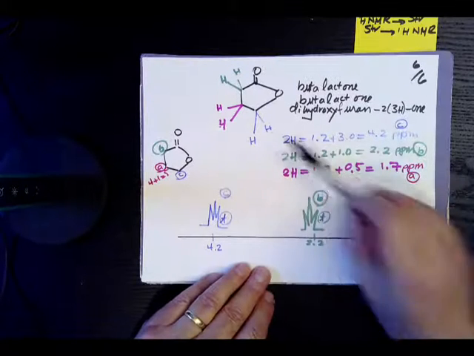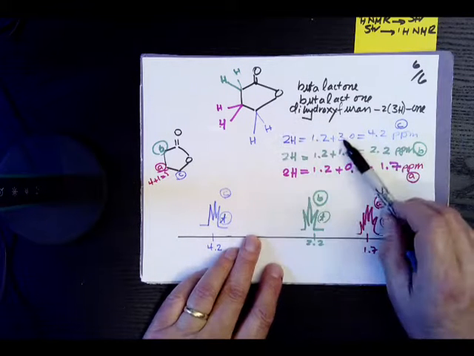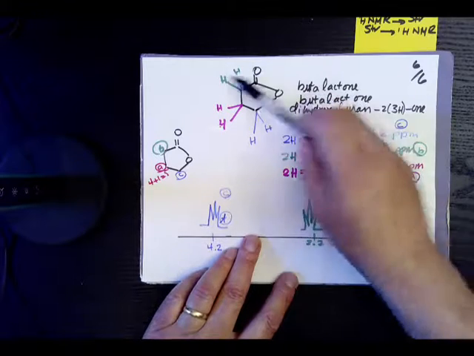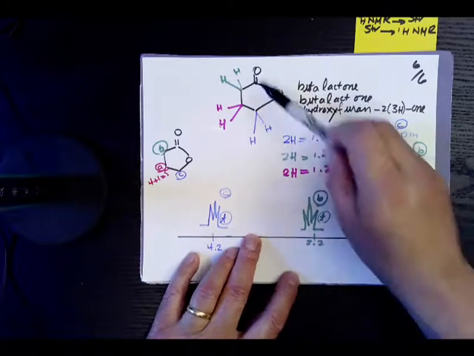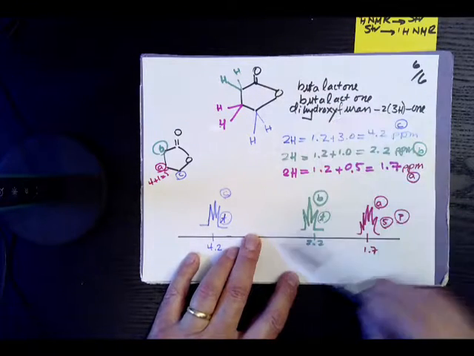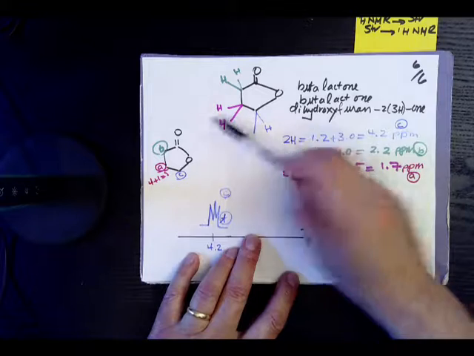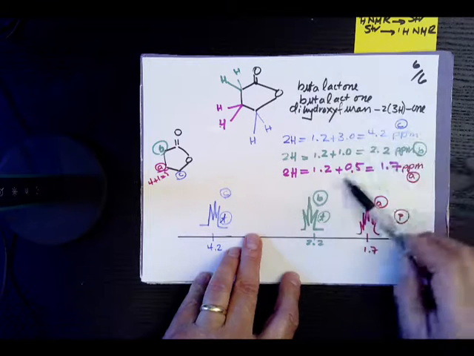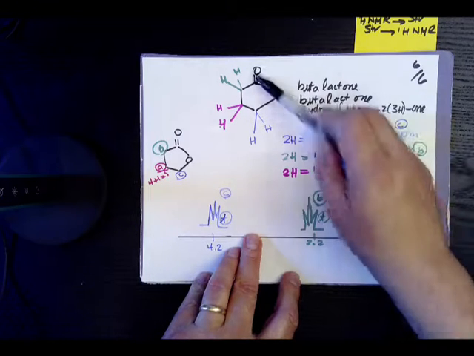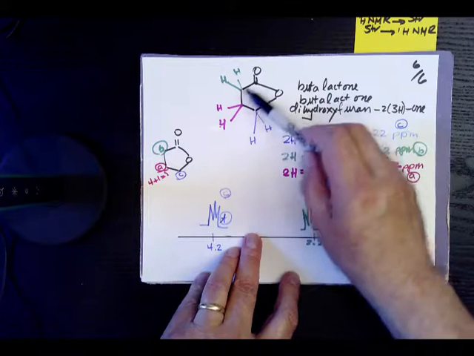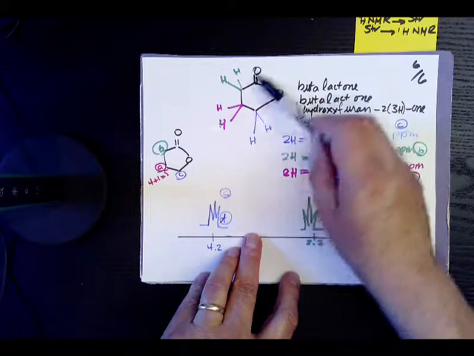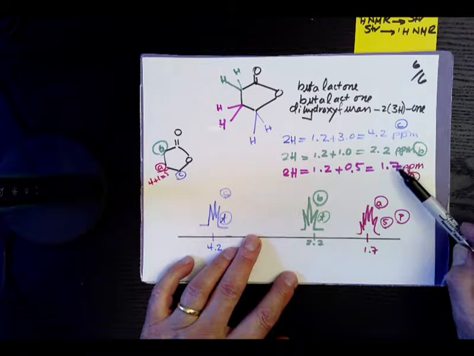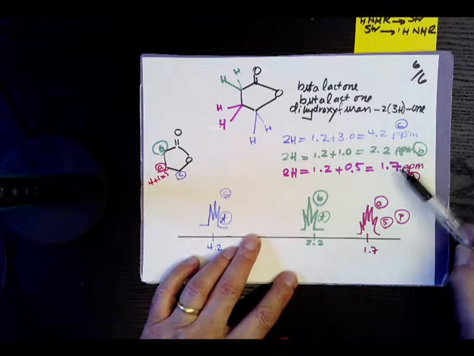I said it's 2 H's next to the O, so I add 3 ppm, 4.2. The 2 H's in green, I added 1 ppm for the C double bond O, 2.2. And the purple one, I wasn't sure, so I add 0.5 or maybe 0.7 for the O and the C double bond O. It's not next to them, but close enough, so there is some influence. So I predicted 1.7.